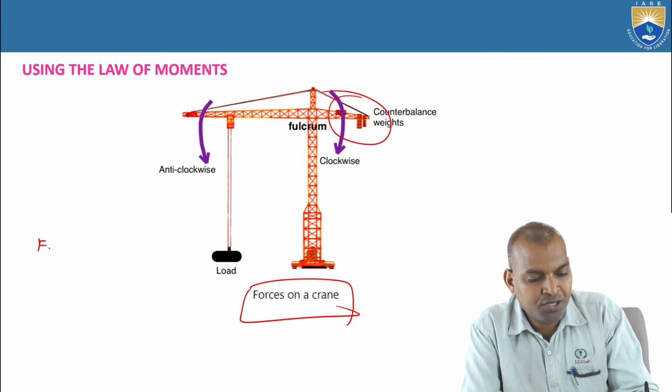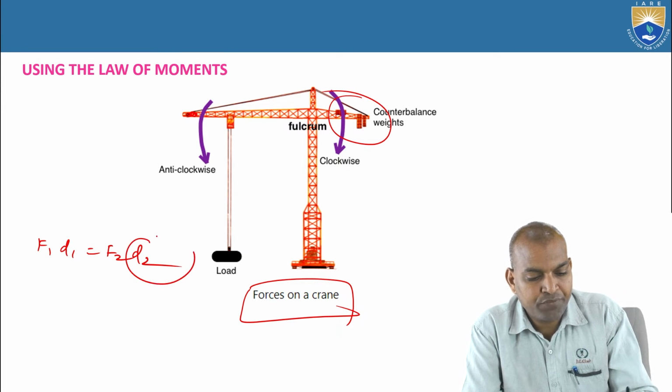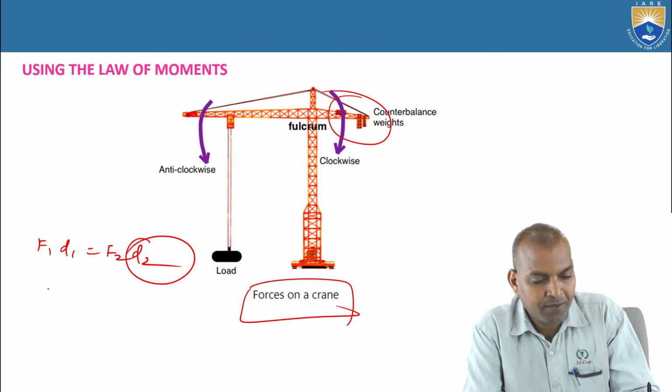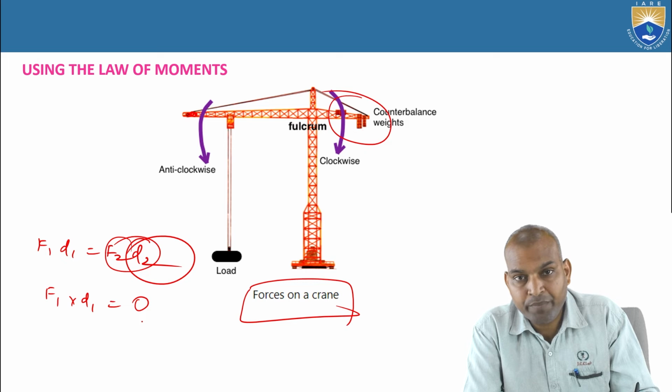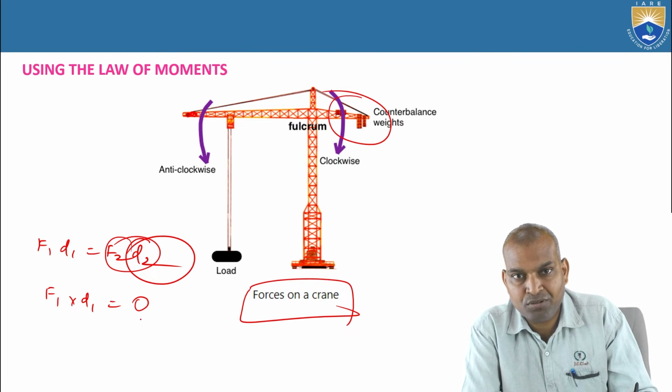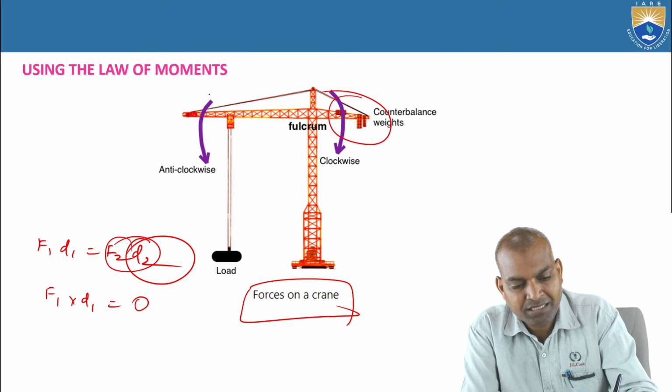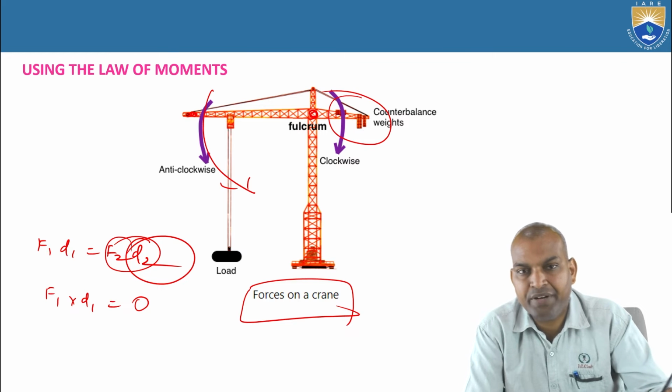If F1 into D1 equals F2 into D2, suppose D2 is 0, then what happens? F1 D1 becomes 0. Do you think the moment becomes 0? No. The effect is that it will fail and break.